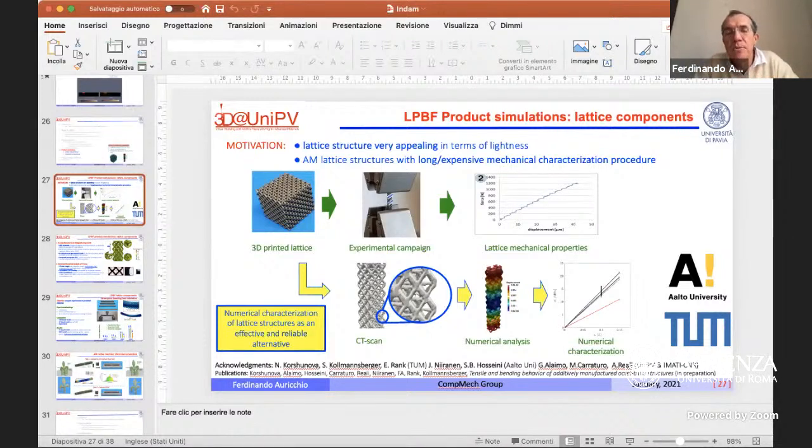So if you really want to produce components, forget about very small lattice structures. But if you really want to play with lattice, you can introduce some sort of randomness in your defects, distributed defects, but it's something we haven't explored at all so far.